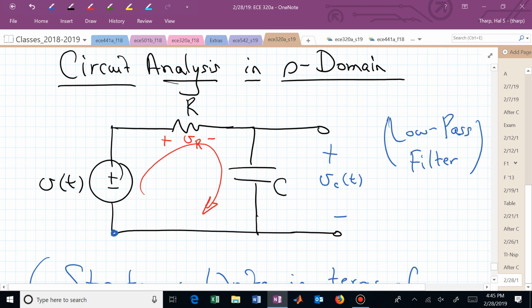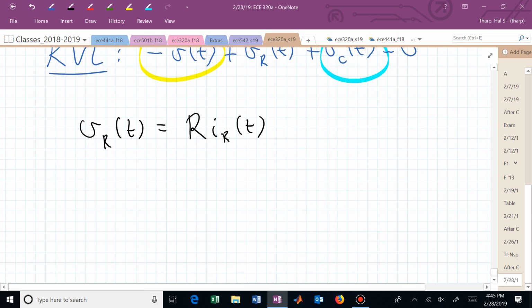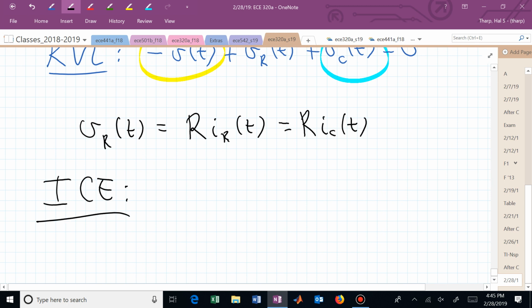That I sub R is the same as I sub C. So this is now R times I sub C. And then you pull out ICE, don't you? And what does that say? That says that I sub C of t is equal to C dV sub C/dt.